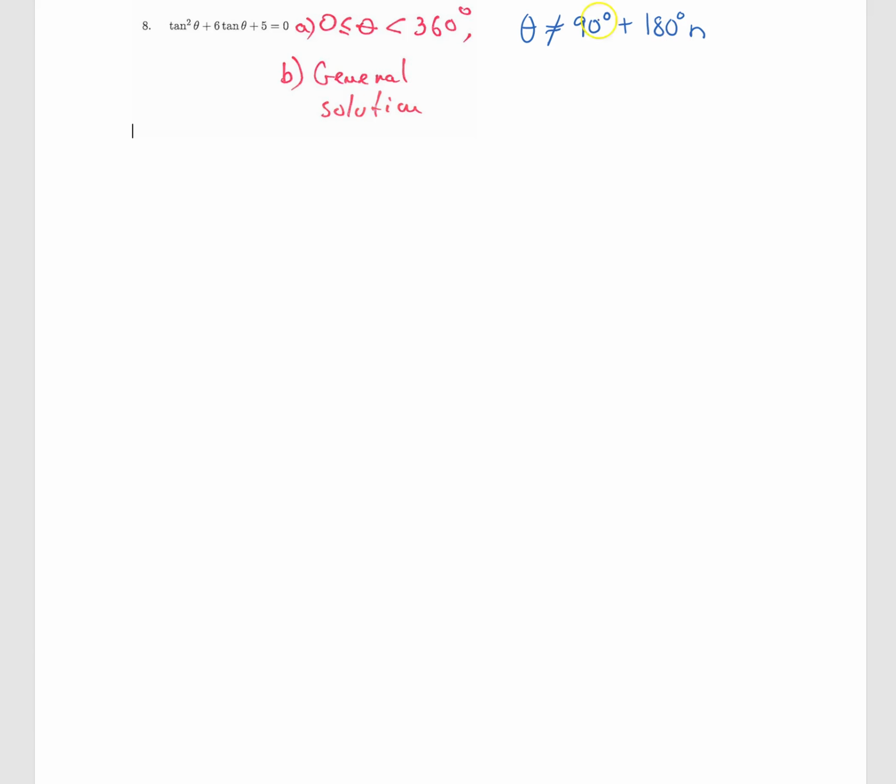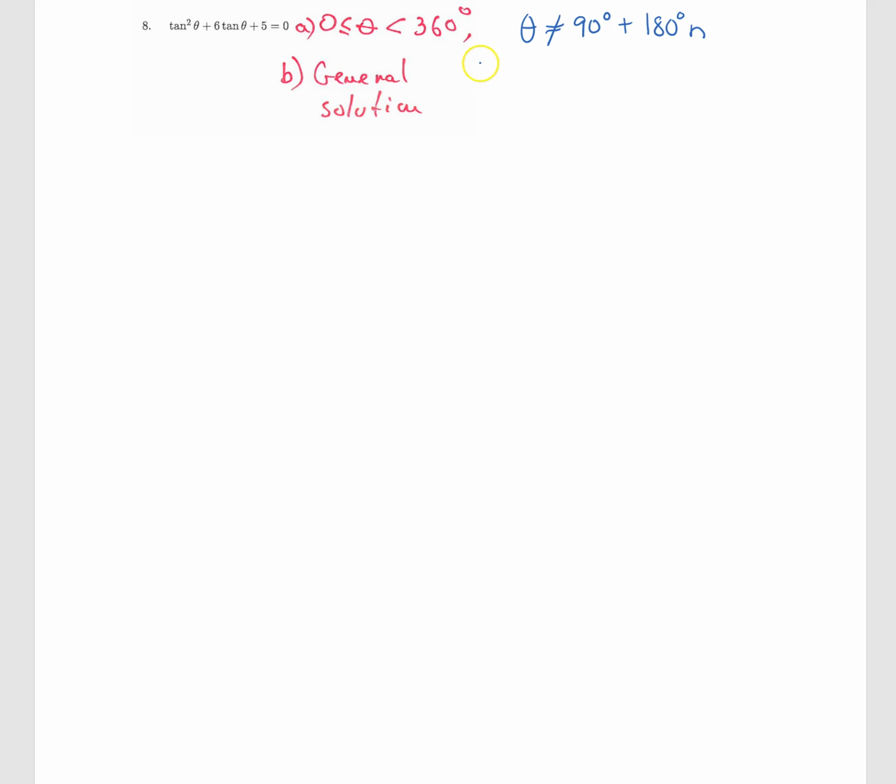So these angles lie on the y-axis, and tan of theta is undefined for those angles. So we just have to make sure that when we answer this question, the angles we get don't fall in this number range.